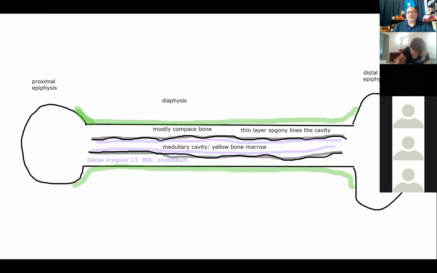This is also a dense irregular connective tissue. So again, the tissue type is a dense irregular connective tissue, which I'm abbreviating here because we've already written it out once. And again, based on location, this dense irregular connective tissue, which is on the outside of the bone, we call what? Periosteum.